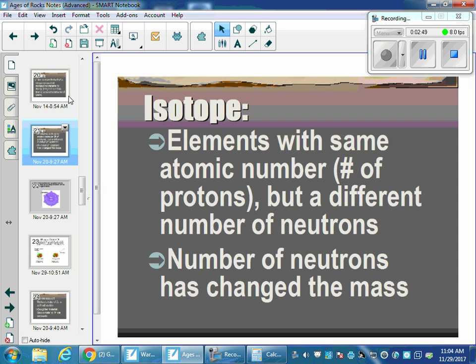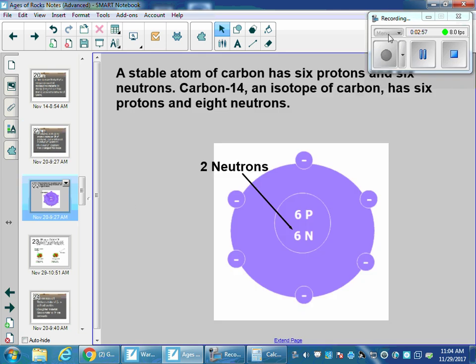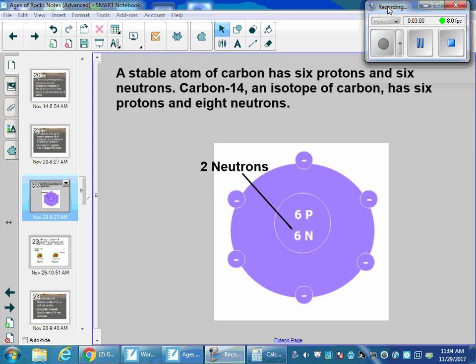So we're going to take a look at an example of an isotope. You have a copy of this on your sheet as well. One example here is, again, carbon. So carbon, if you look it up on the periodic table, has an atomic number of 6, and its mass is 12. So that means it has 6 protons and 6 neutrons.